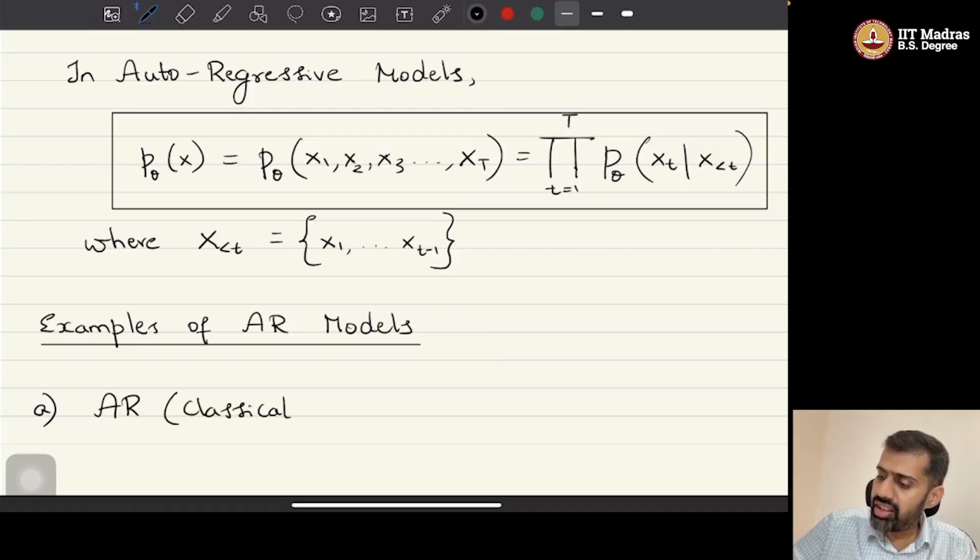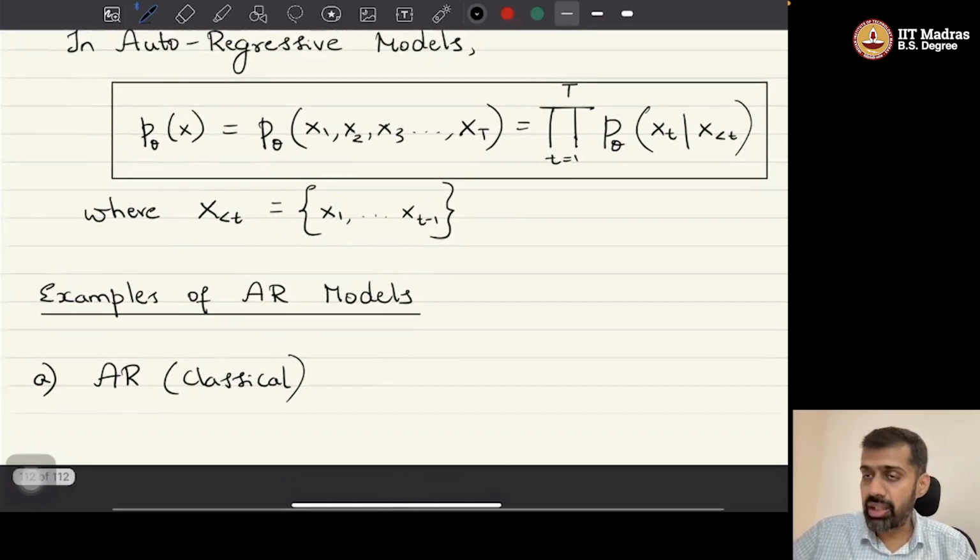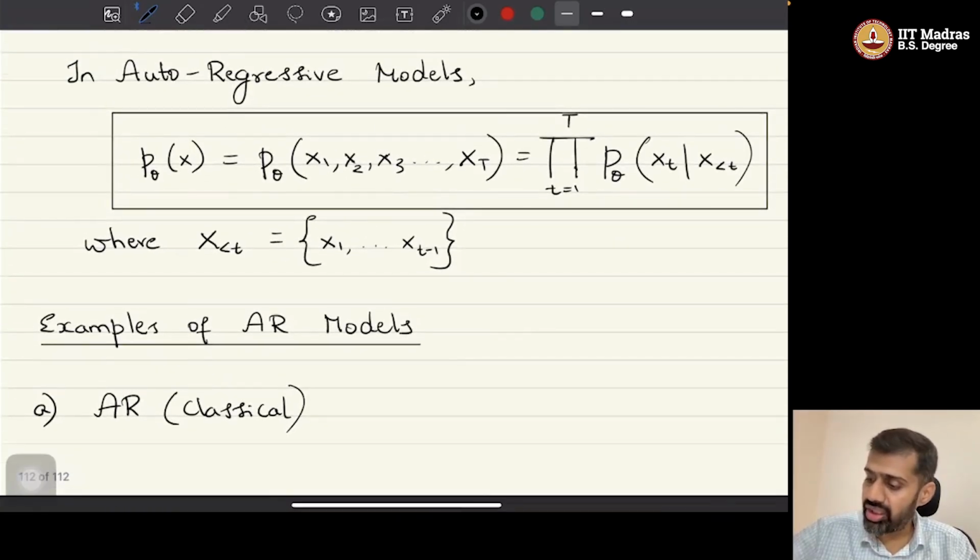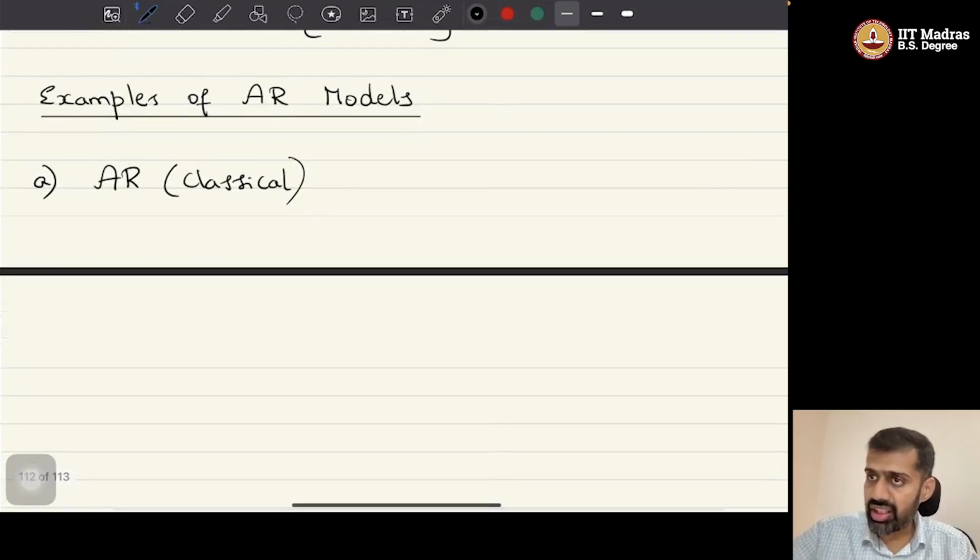These techniques date back several decades prior to the current times. So these ideas were there. The only thing is, after the advent of neural networks, we have better function approximators and we can look at multi-parameter models, but the idea of autoregressive models existed for a long time.